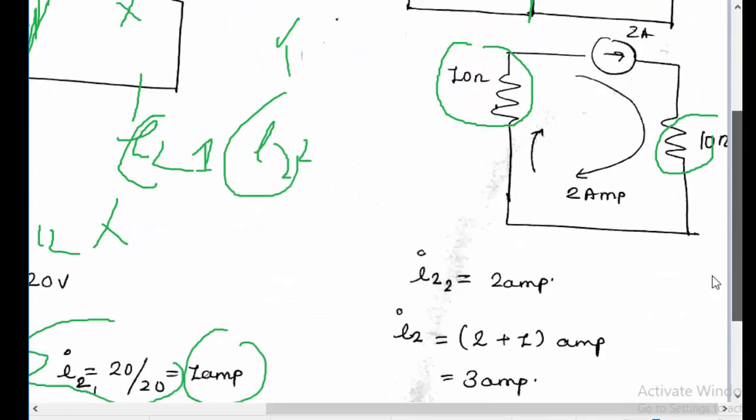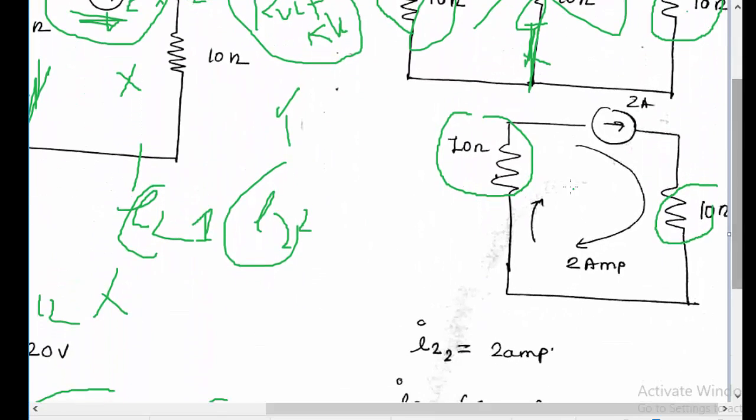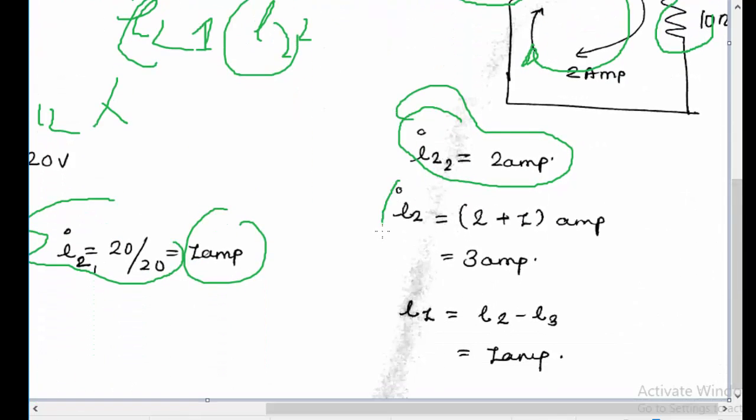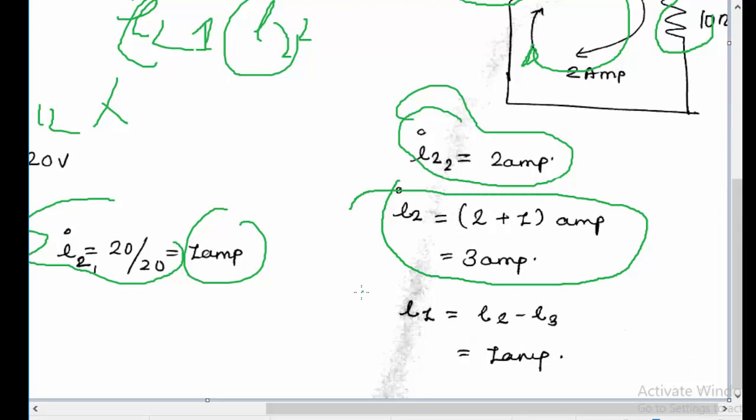But this circuit is very simplified, and since there is only one source and it is a current source, I2 is 2 ampere itself. So the total current is 3 ampere, and that's how we have found out I2.